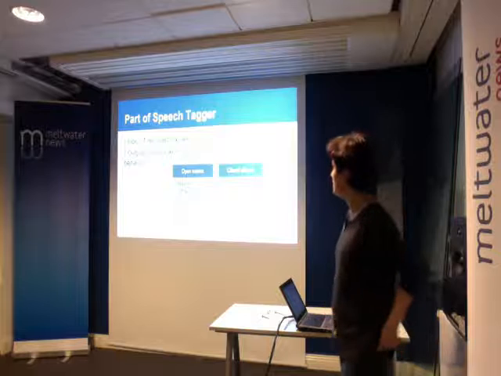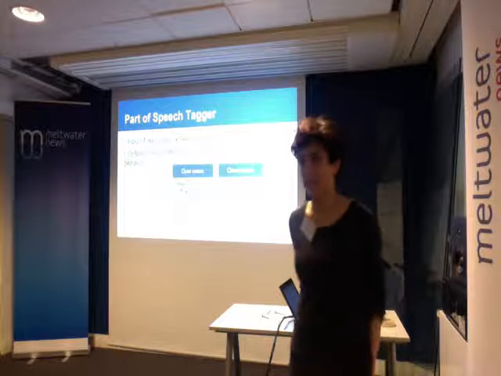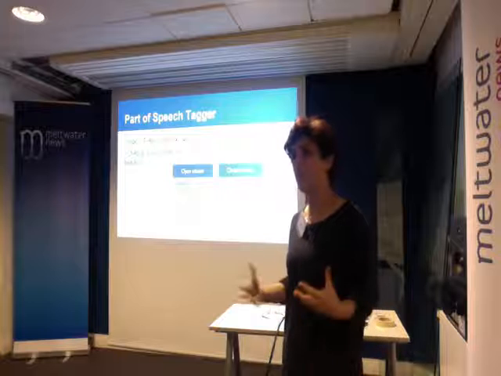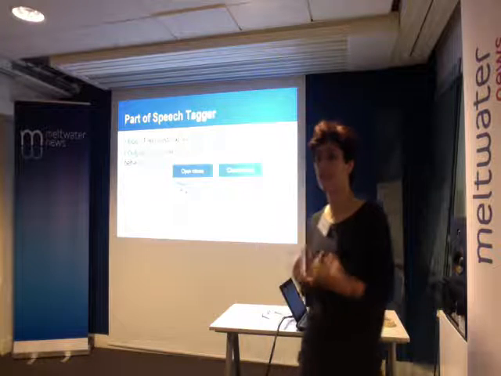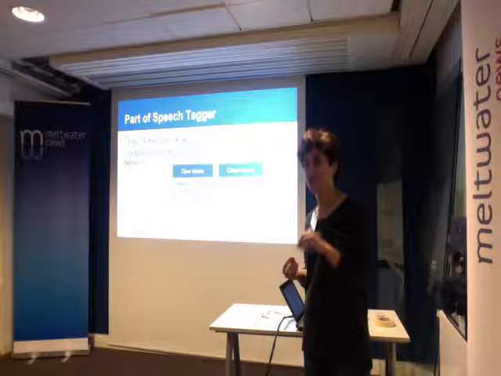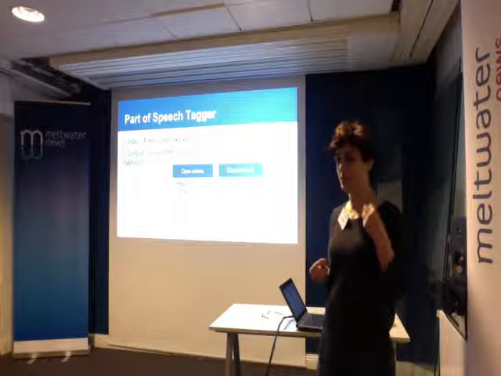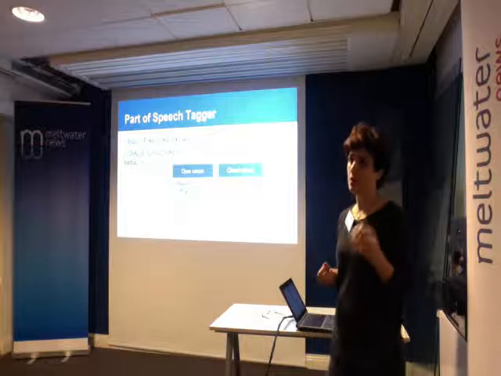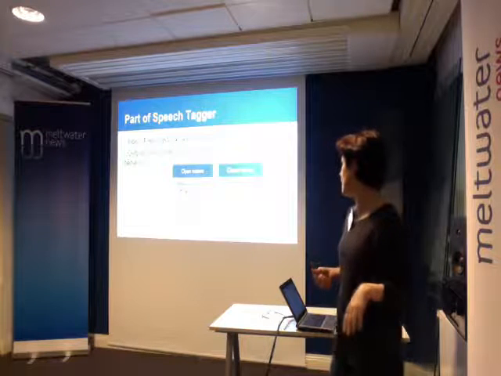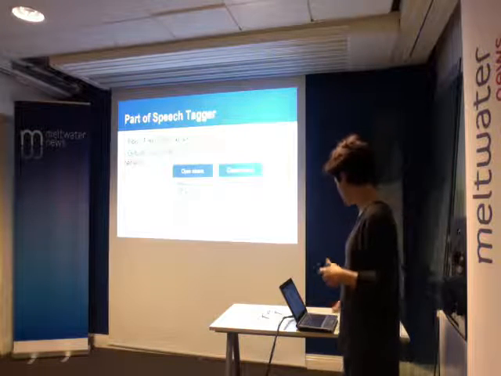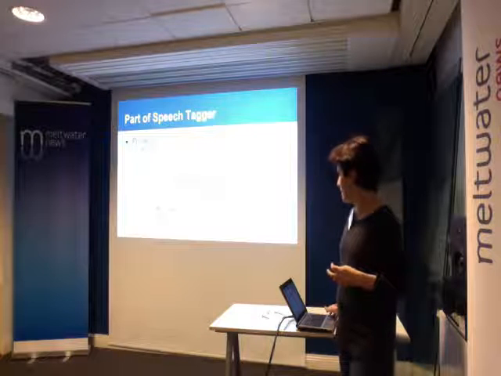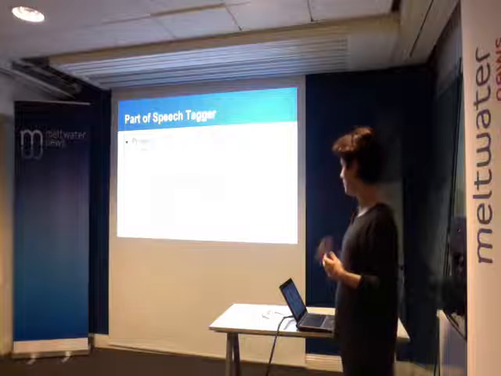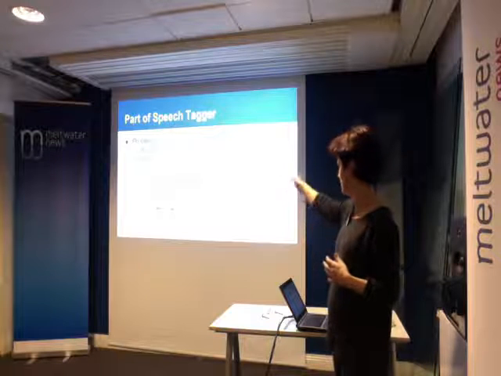Then another thing that we said as an external feature is part of speech, which gives us information about the syntactical role of that token. If it's a noun, if it's a verb, what kind of verb is that, what if it's an adjective, or what kind of noun is that, and so on. Here's an example: I am reading a book, and you see the different roles.